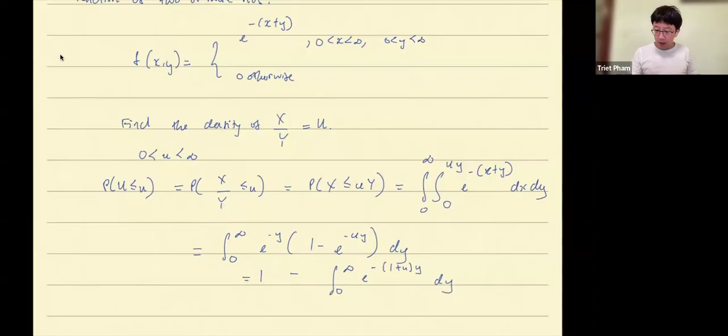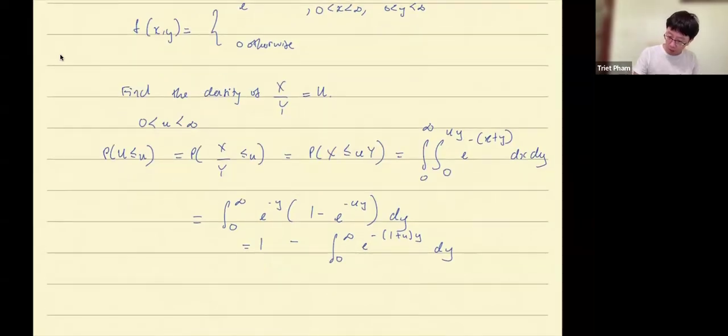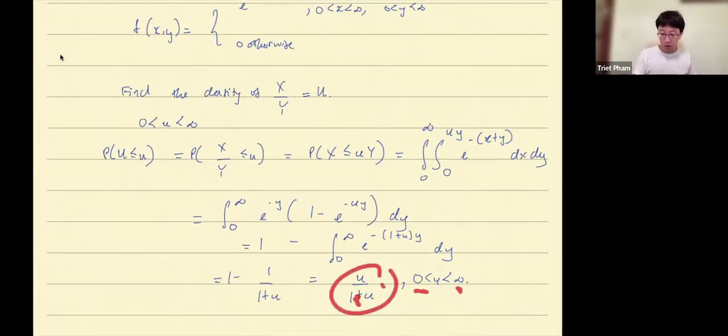And here we recognize it, so you just integrate. It's literally 1 over 1 plus u. So that's going to be u over 1 plus u. Sorry, so that's the CDF. Notice the CDF here, when u goes to 0 is 0, and when u goes to infinity is 1. So that's true.